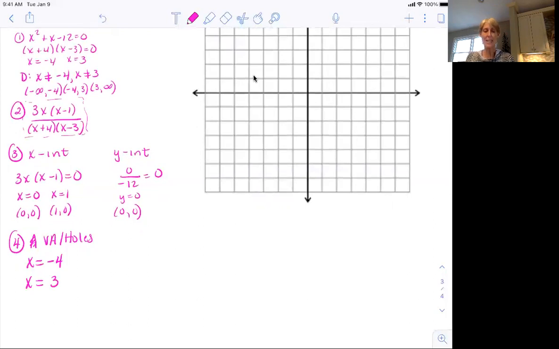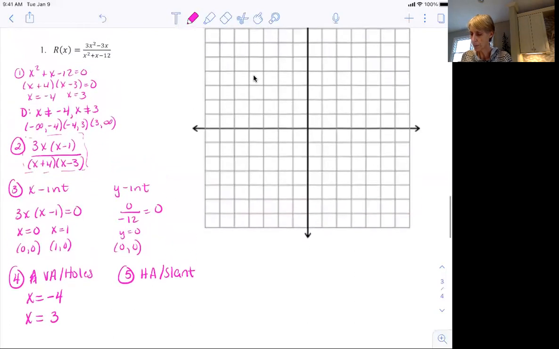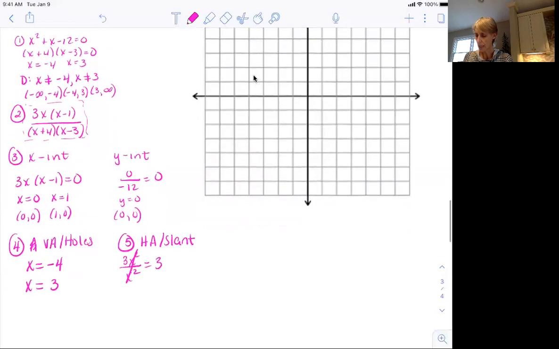Since neither one of these canceled, both of them are vertical asymptotes. Horizontal or slant asymptote, we go back to the original, take the term with the highest power in the numerator, the term with the highest power in the denominator, compare those terms. Since they're the same number, they're just going to cancel. And we're going to have a horizontal asymptote when y equals 3.